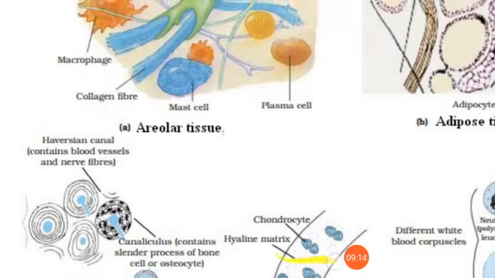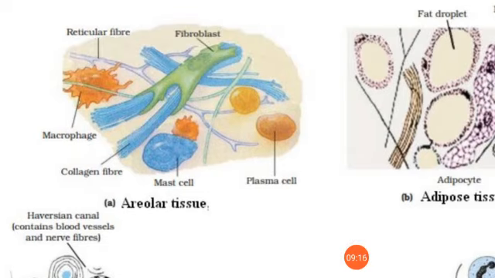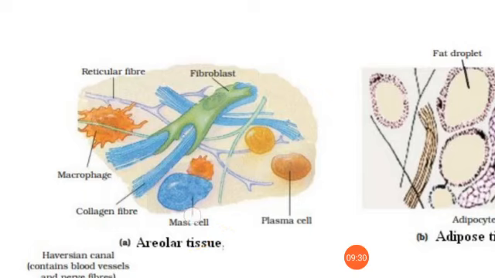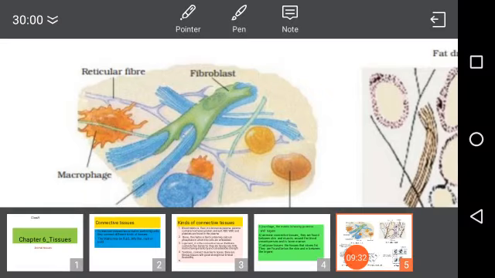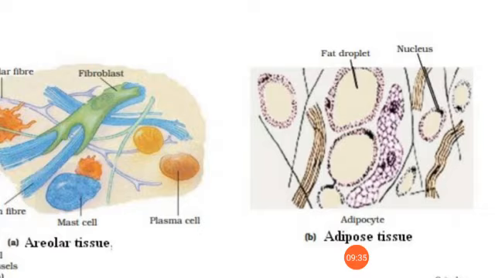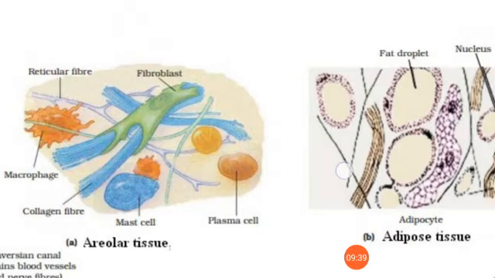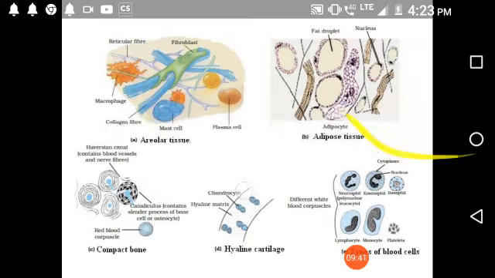Clear? Then this is areolar connective tissue. Their matrix is semi-solid or jelly like. Then different kinds of cells: you can see plasma cells, macrophages, mast cells. All these are cells found in the matrix, and there are fibers also. So these are different kinds of connective tissues.